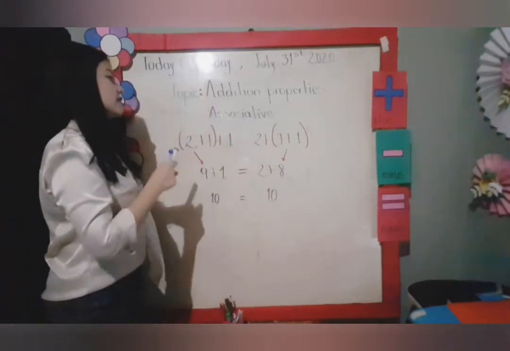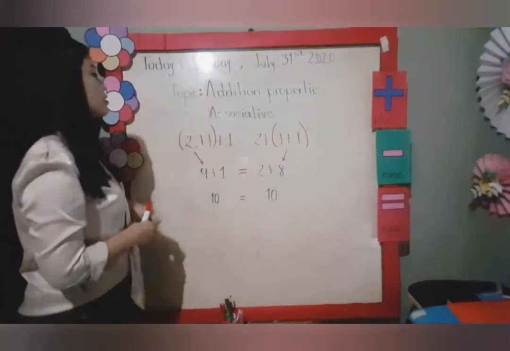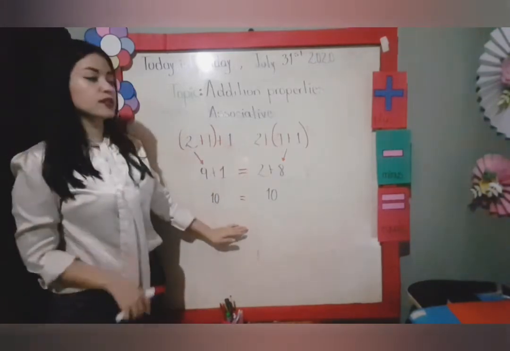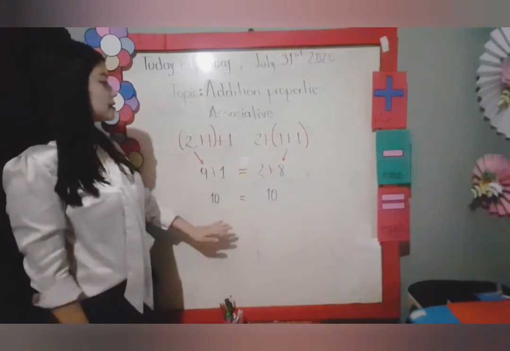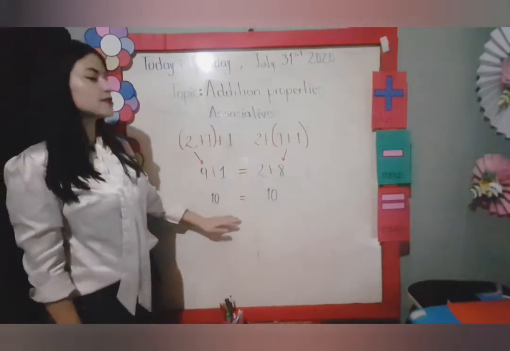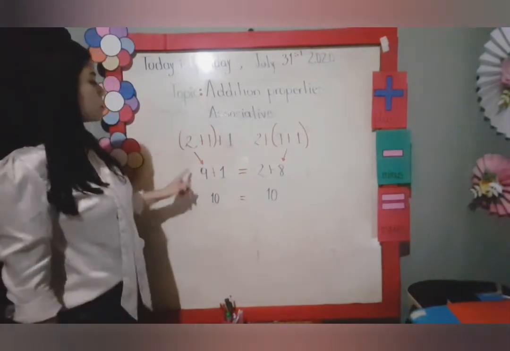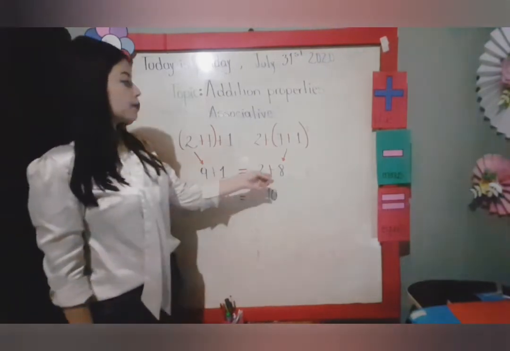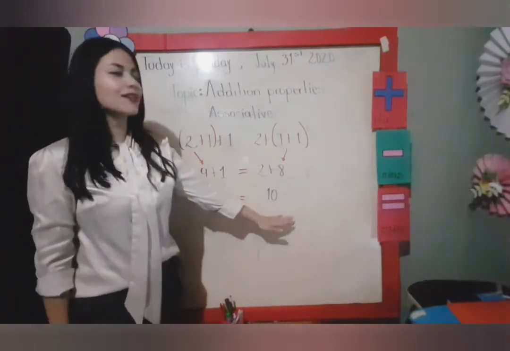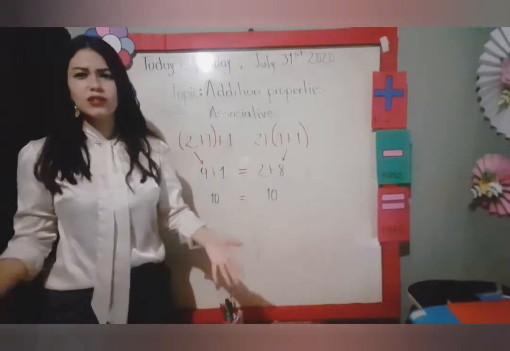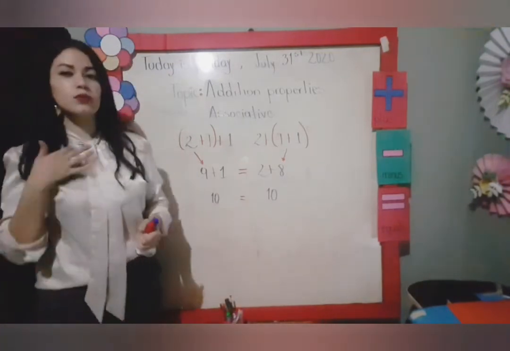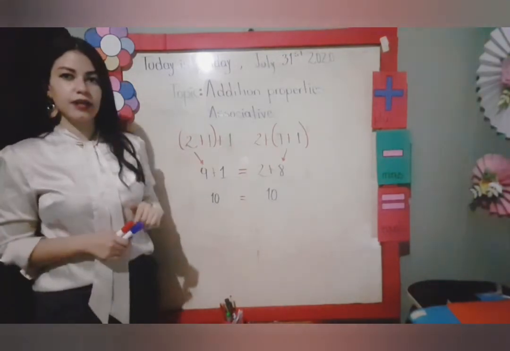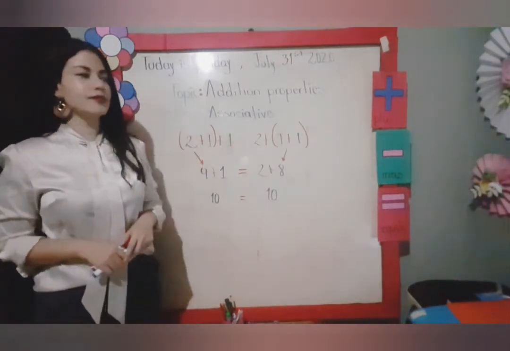As you can see, only the grouping of the numbers changes, but the sum of the three items is the same. 9 plus 1 is equal to 10. 2 plus 8 is equal to 10. It is too easy, you just have to be careful with the items, right? With the result of the items.